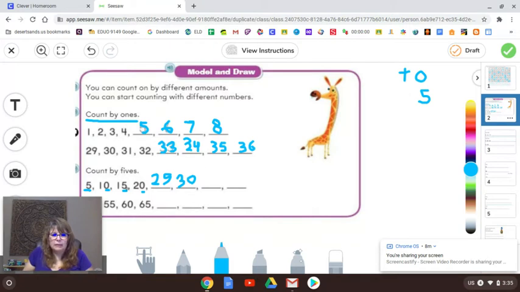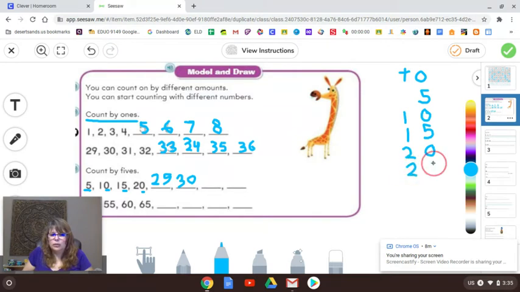And then we have a 10. I want you to see the pattern on the ones place. Then we have 15. And then we have 20. Then we counted 5 more, and we did 25.